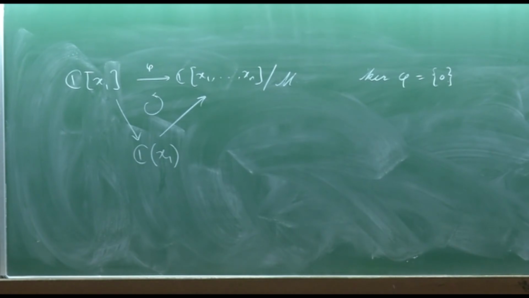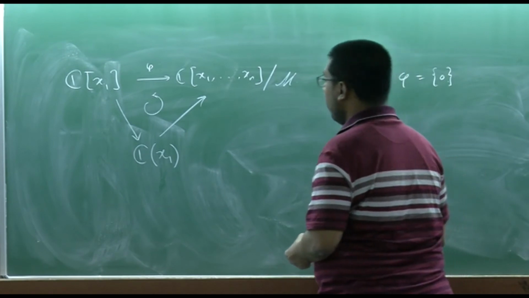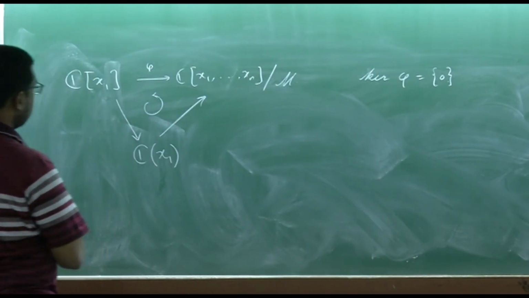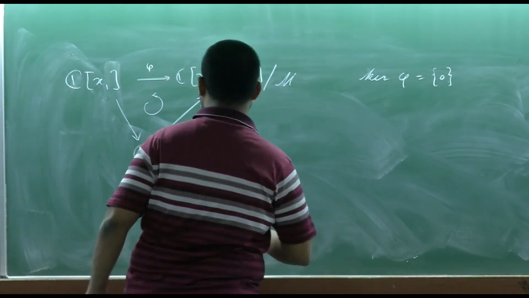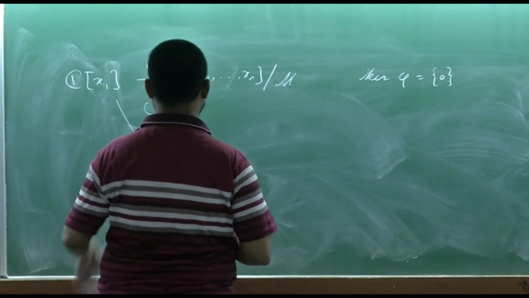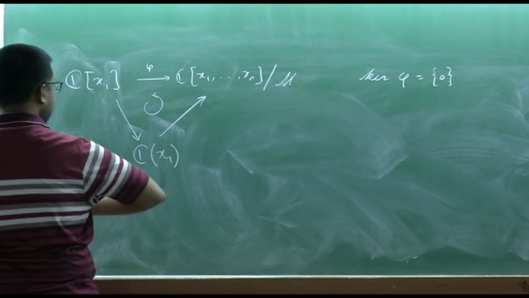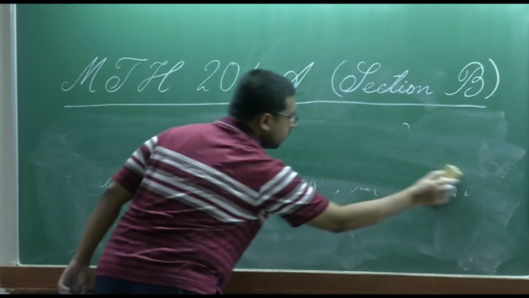Now I am going to show that this is indeed not actually good. How do I show that? Let me put it this way: we will do it by a series of observations.